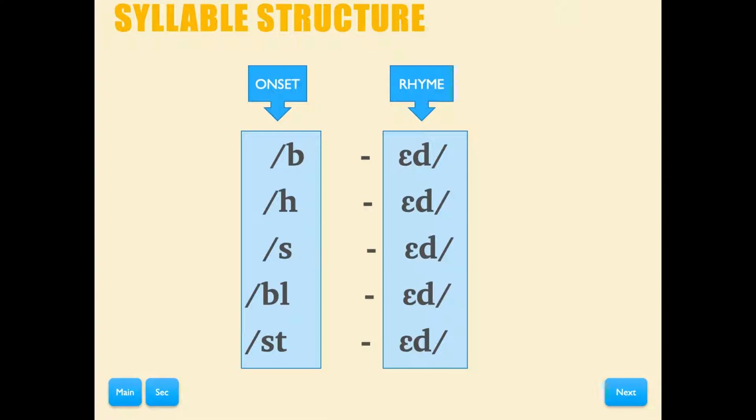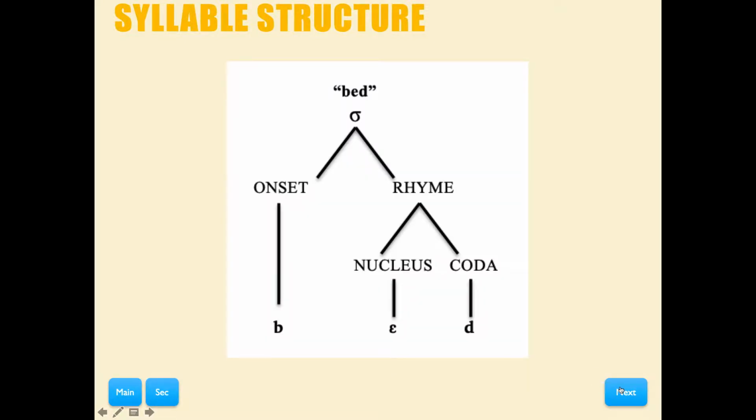In other words, the rhyme consists of the nucleus and the coda. And here we have a syllable tree for the word bed. The syllable consists of an onset, a nucleus, and a coda. The nucleus and coda form the rhyme.